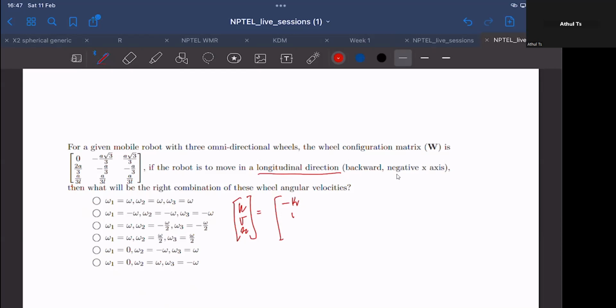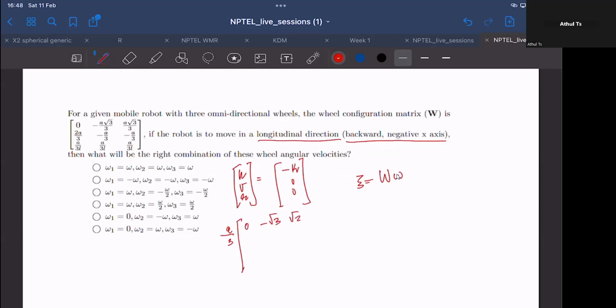So we'll again try and expand this, as zeta is W times omega. I'm taking a by 3 outside. This will be 0, minus root 3, root 3 by 2... 2, minus 1, minus 1, 1 by L, 1 by L, 1 by L. So if we take the first option, it says omega, omega, omega.